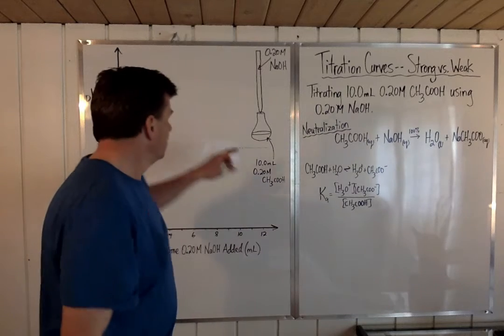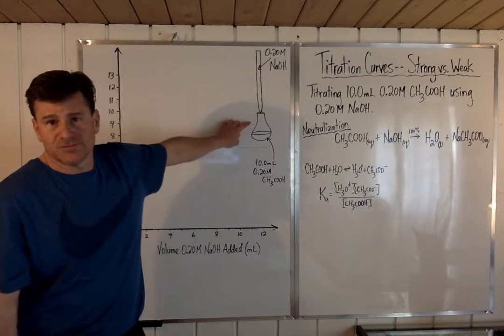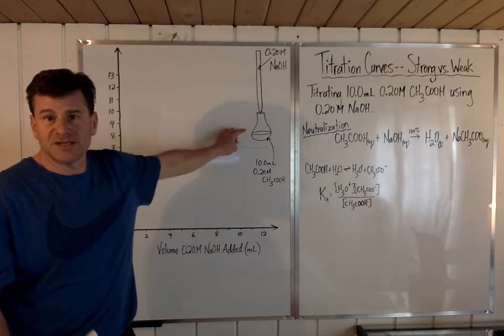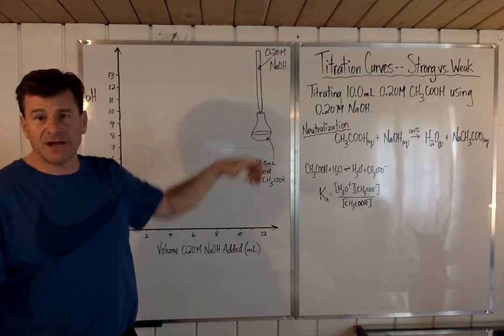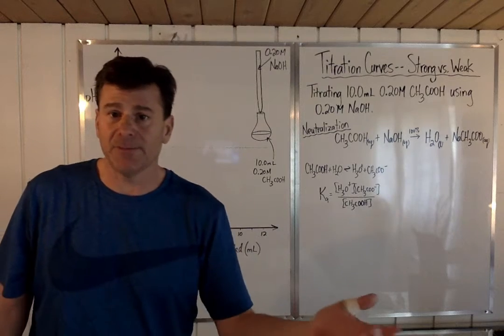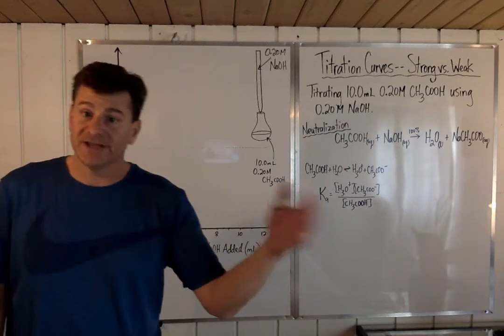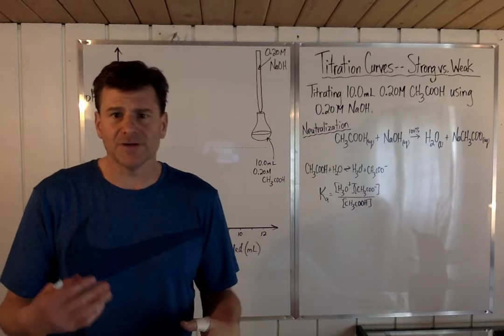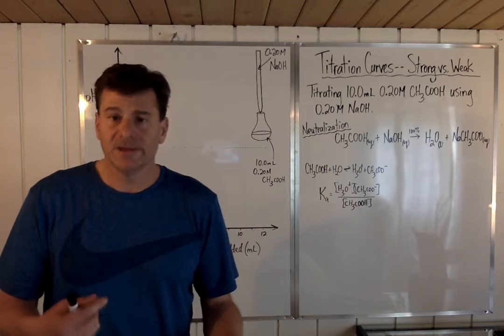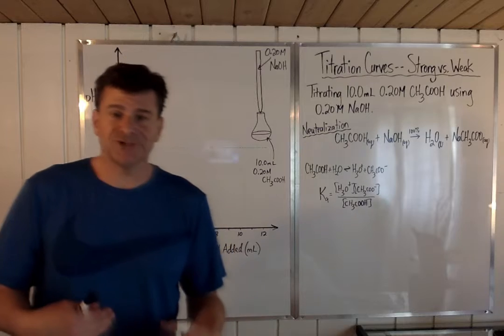Okay, quickly, I'm going to show you this picture that I've drawn here just to give you a sense of what this titration would look like. Down in the Erlenmeyer flask, we would have the acetic acid, the 10 ml sample that we've pipetted. We would have put an indicator in just because you typically do. Again, if you were doing a titration curve, you'd have a pH probe in there to be measuring the actual pH.